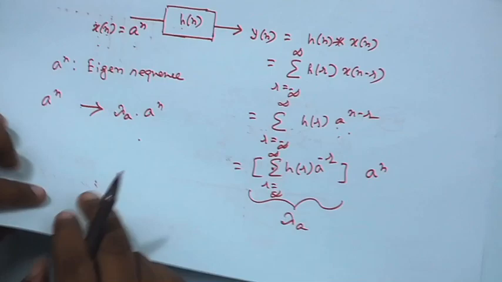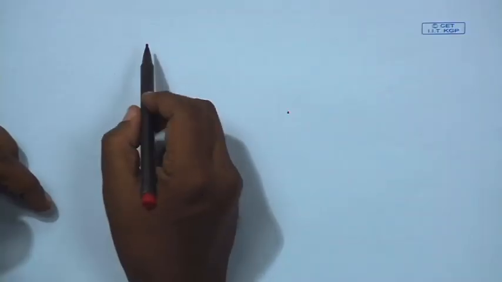This is a very important thing, and it comes from this concept of eigenvalue and eigenvector of matrices. Okay.